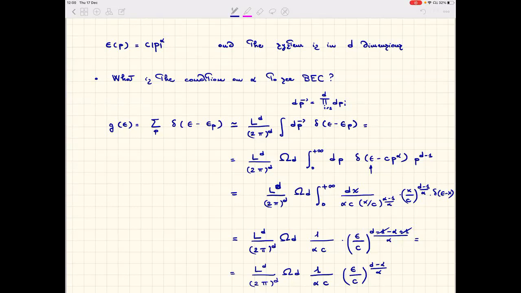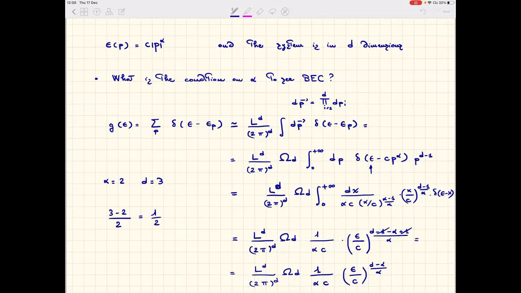Let's see if it's correct. Let's check it. If alpha is equal to 2 and D is equal to 3, what I get is 3 minus 2 divided by 2, which is 1/2, right?